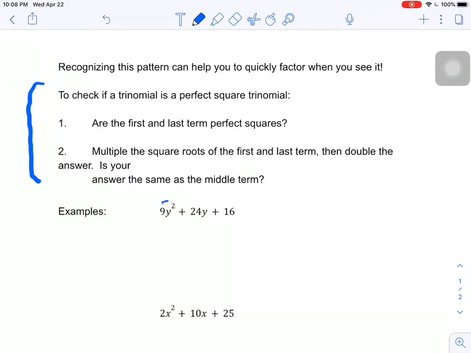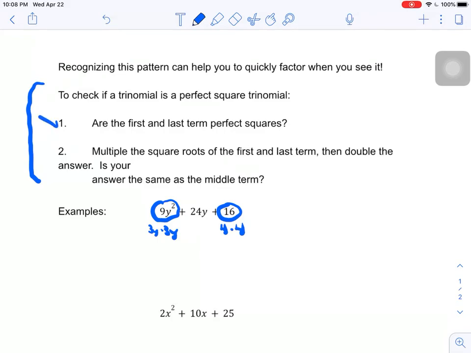In this case, those are perfect squares because 9y squared is 3y times 3y, so I can square root that. I can also square root 16 because 16 breaks down into 4 times 4. So yes, they're perfect squares.